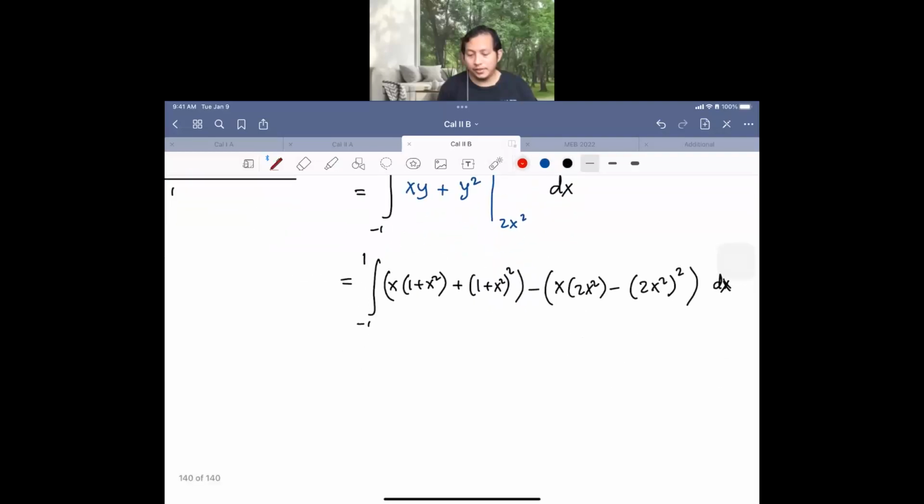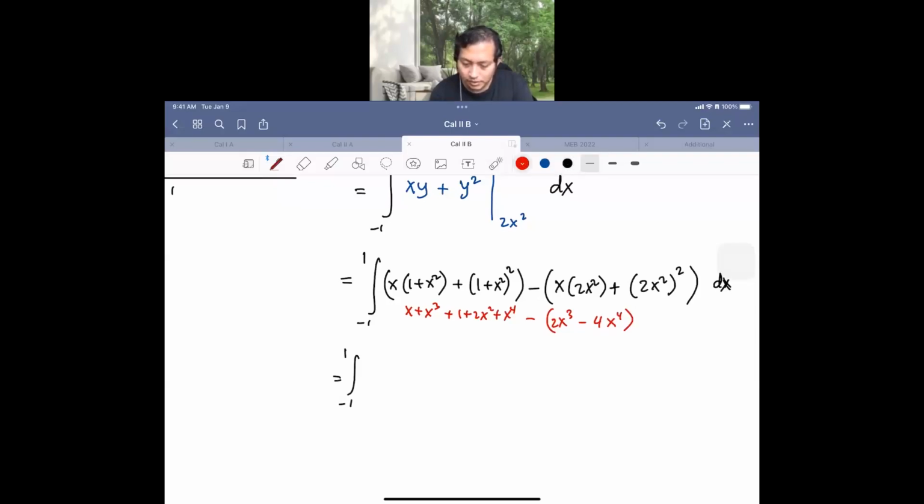Should check all. This is 1 plus 2x squared plus x to the 4, minus 2x cubed minus 4x to the 4. Oh, sorry, it should be plus.